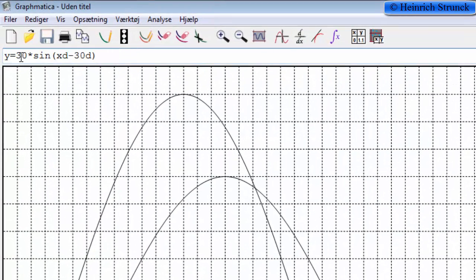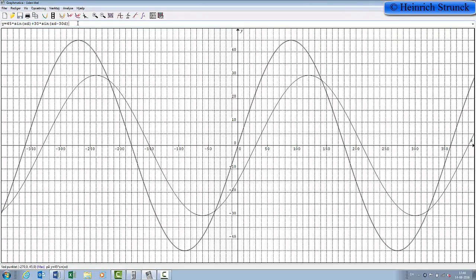Then we can mark the function, press Ctrl C for copy, select the other sine curve, put the cursor up here, press plus and Ctrl V to insert the function we have copied, and then when we press enter, we have the sum.